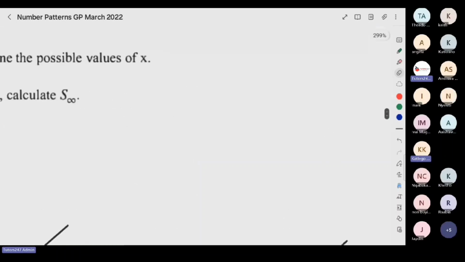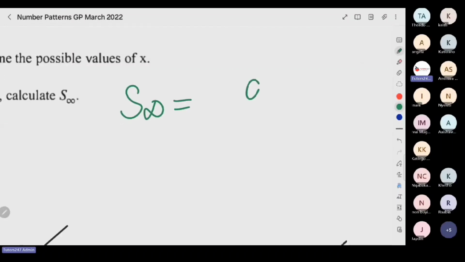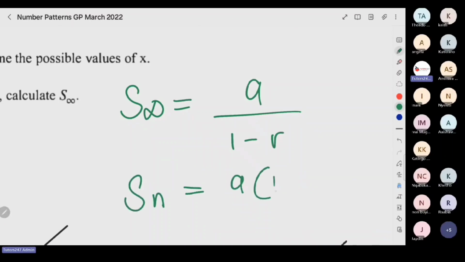Please take note that the sum to infinity formula and the sum of n terms formula are different. I saw that someone mixed them up in one of the questions that someone sent me recently. So sum to infinity is equal to a over 1 minus r. Sum of n terms is equal to a into 1 minus r to the power n, all over 1 minus r.